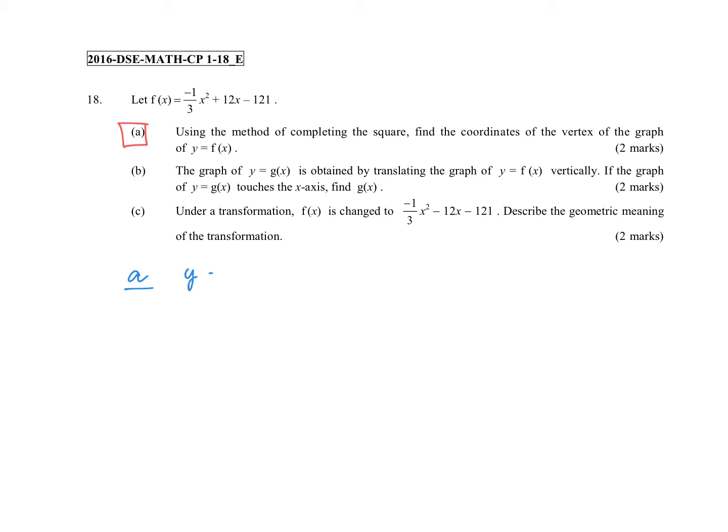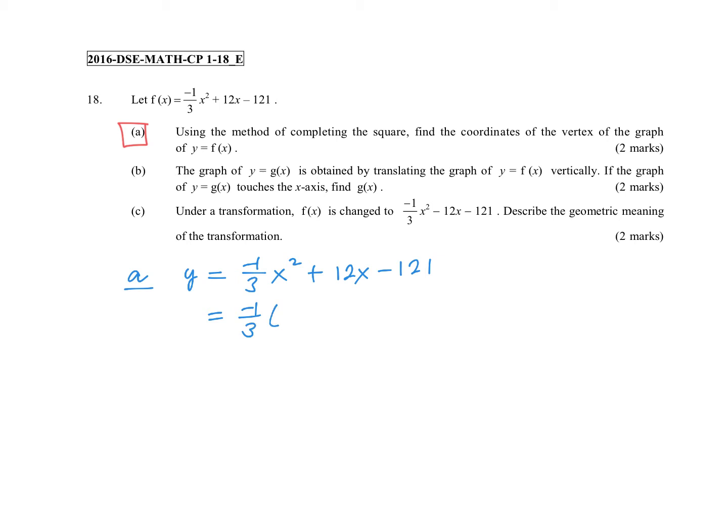So y equals f(x), so negative 1/3. Well, the numbers are a bit tedious, but since the coefficient of x squared is not 1, here we try to pull out negative 1/3.